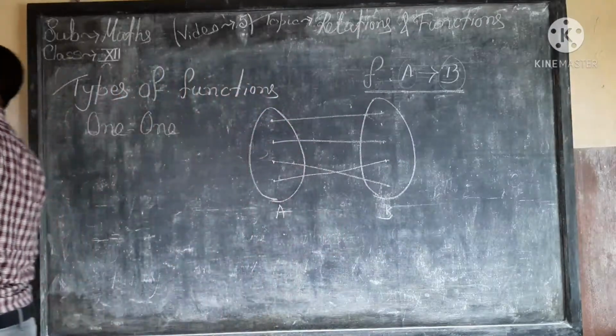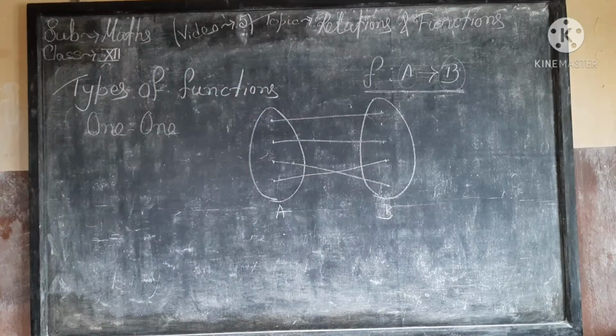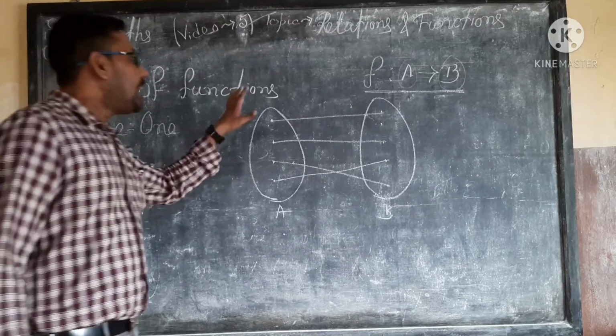This is the arrow diagram of a one-one function.